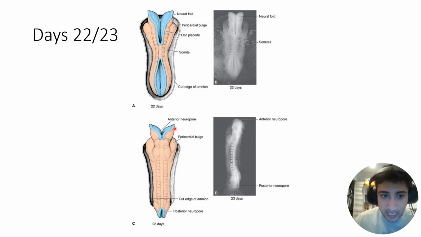Failure of the anterior neuropore to close is going to cause anencephaly, which is embryonic lethal, which means that's not a viable pregnancy anymore. The posterior neuropore, if it fails to close, can cause spina bifida. That's high yield. You have to know that. Failure of the anterior neuropore to close can cause anencephaly. Failure of the posterior neuropore to close can cause spina bifida.